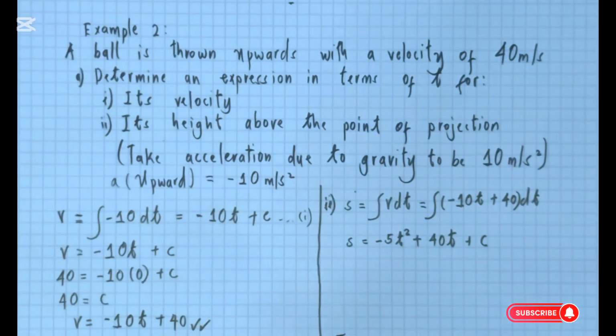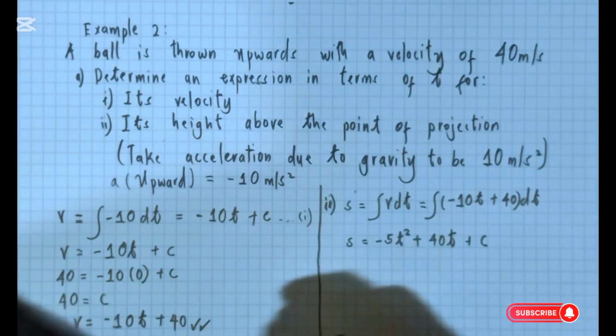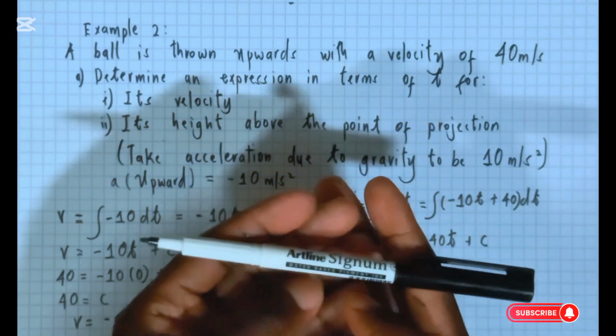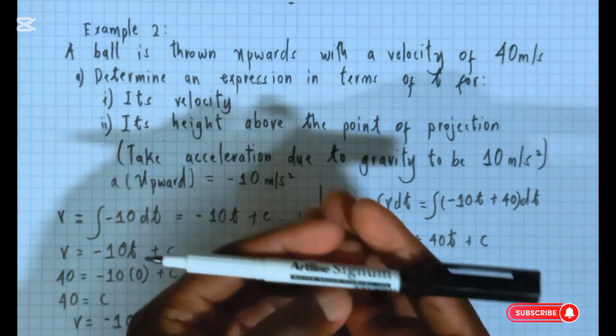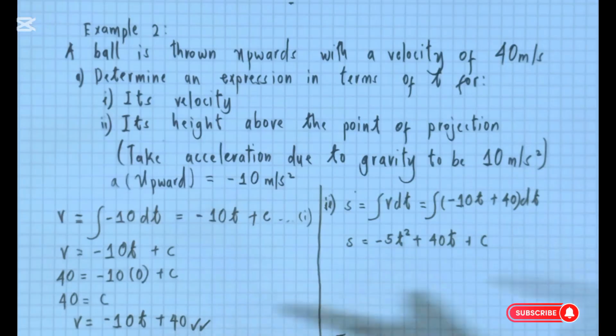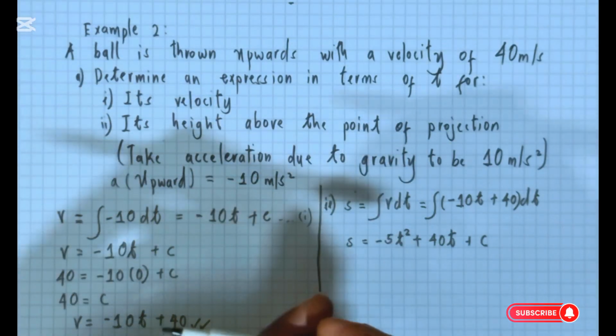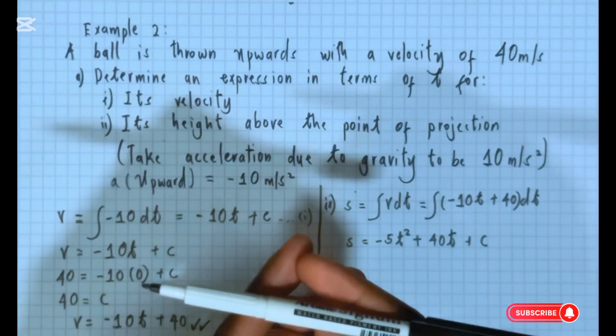So we are faced with a task to go ahead and find the value of c, which in this particular case we can easily find. At that point when the ball is just about to be released into the air, how much distance will it have covered? No distance. It is just about to be released.